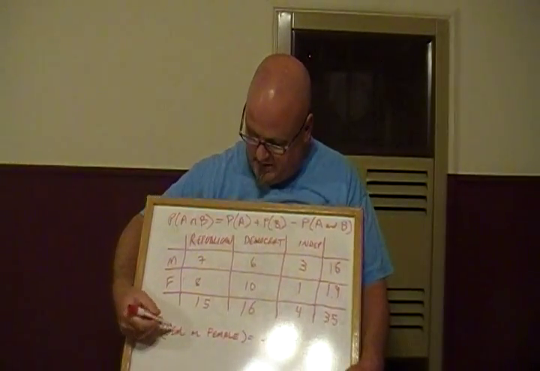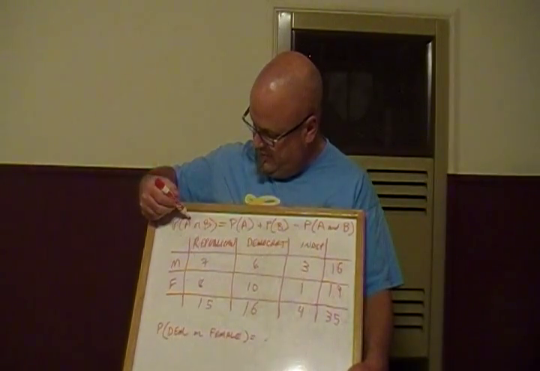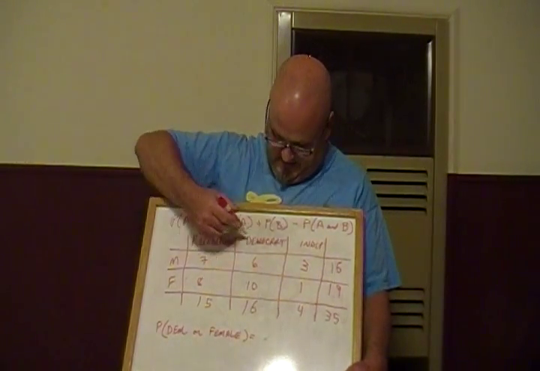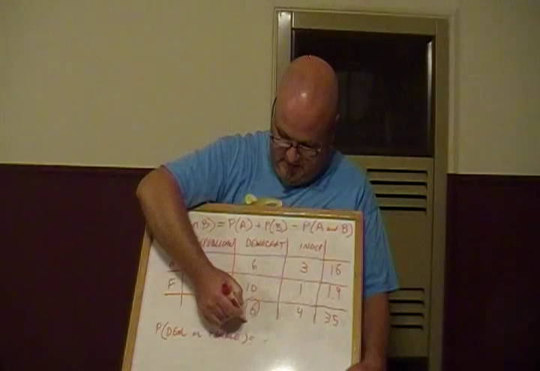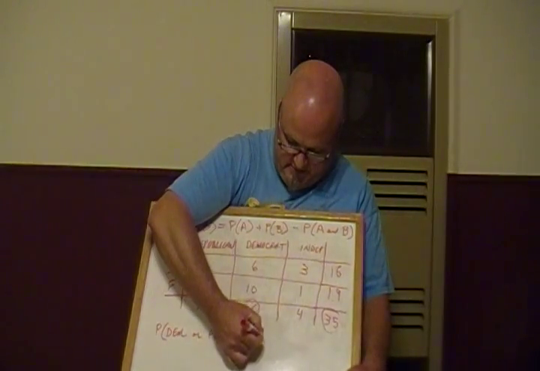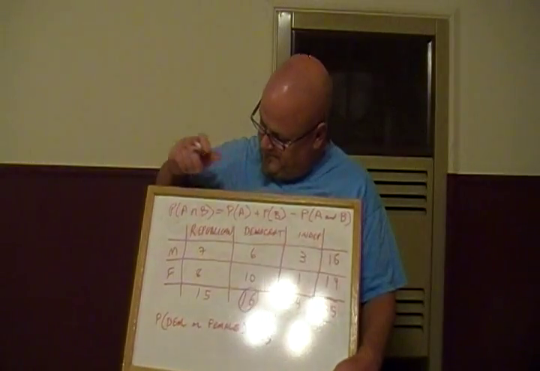So consider this problem, the probability of a Democrat or a female. First we need the probability of being a Democrat. And that is what? 16 people, total sample space is 35, so 16 over 35 for that one.